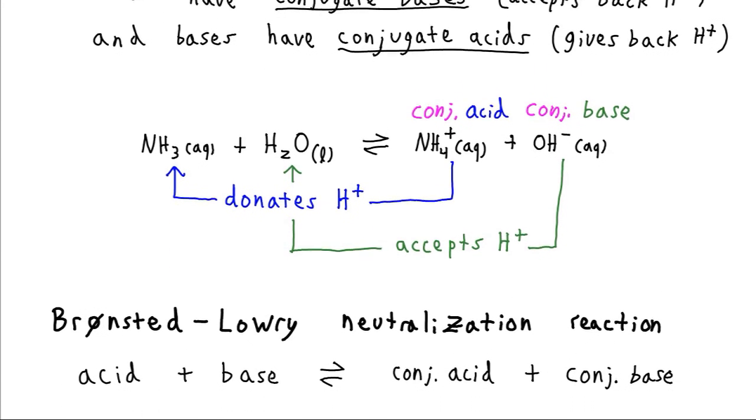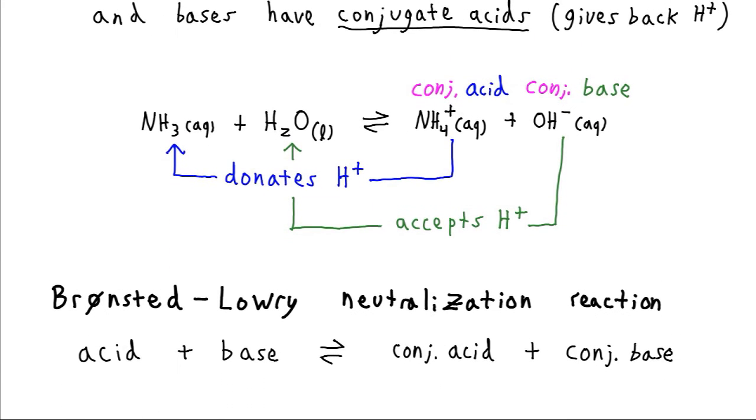So that's the general form of a Bronsted-Lowry neutralization reaction. We have some acid and base on the left side, and they're going to produce some conjugate acid and base on the right side. And of course, we can flip this, and then we just call these substances the conjugates and these other substances the normal acids and bases.